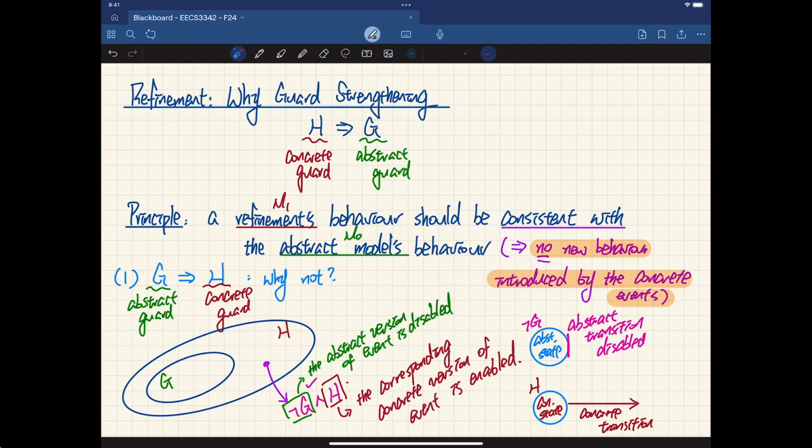All right, so that's number one, to explain why G implies H is not the way to go. Let's at least finish this. Okay, number one, we already justified why this one here is not the case.